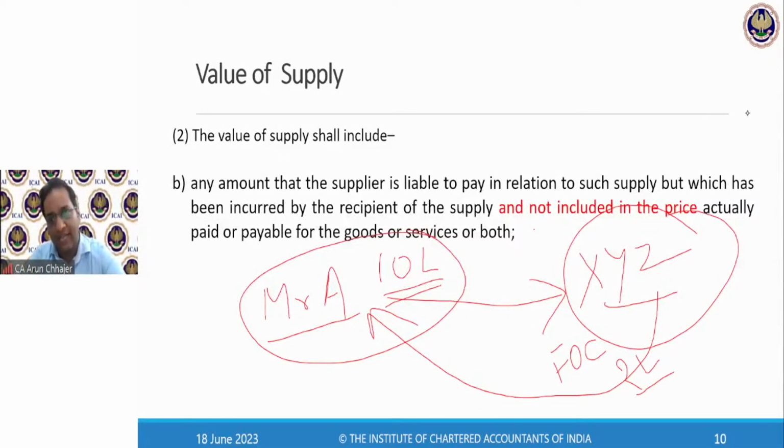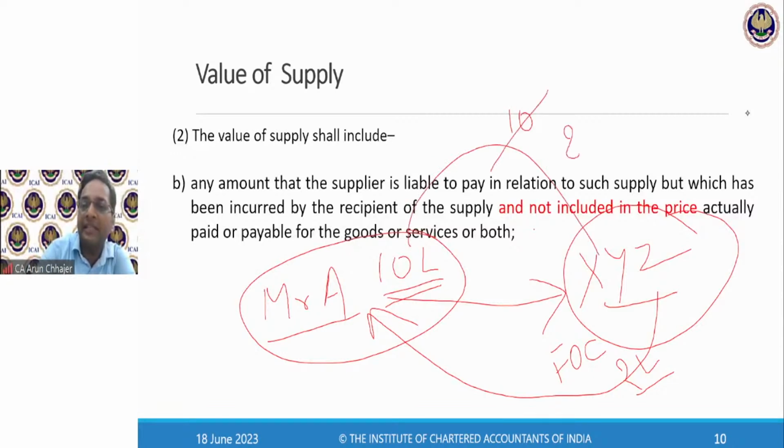XYZ has supplied the cement to Mr. A for construction of the XYZ factory worth rupees 2 lakh. XYZ is saying, now because I have given the cement to you, kindly raise the invoice not for 10 lakh, please raise the invoice for 8 lakh.